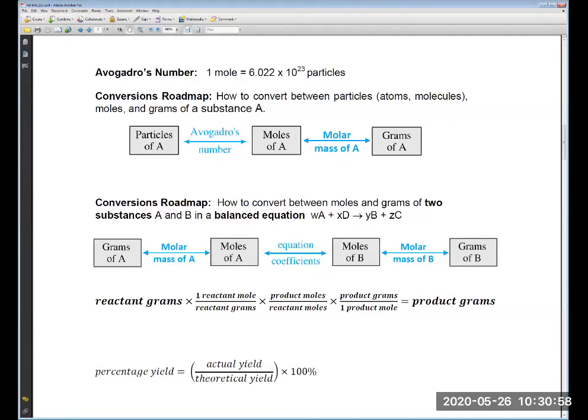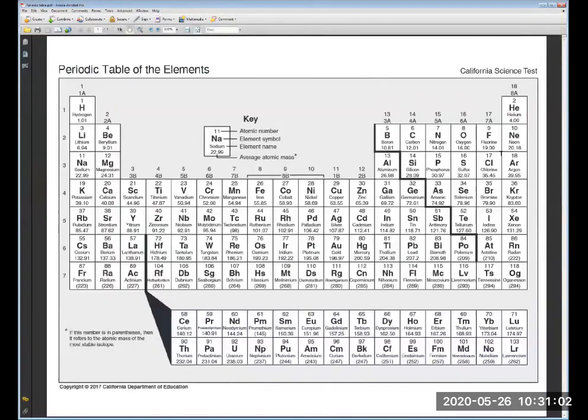The molar mass is those numbers below the names of the elements, with decimals. That's the molar mass in grams per mole.